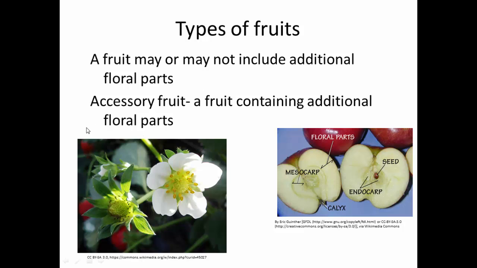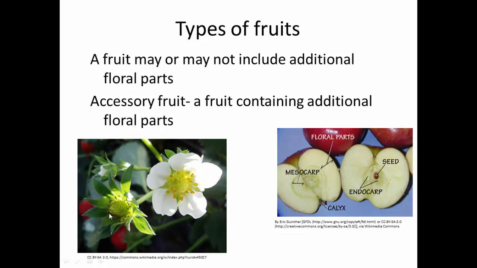A strawberry is also an example of an accessory fruit. So here we can see a strawberry flower. It has many stamens, and then inside you can see that it also has many carpels. And on this flower, we see that the fruit is starting to develop, and this cone-like structure is actually the receptacle.